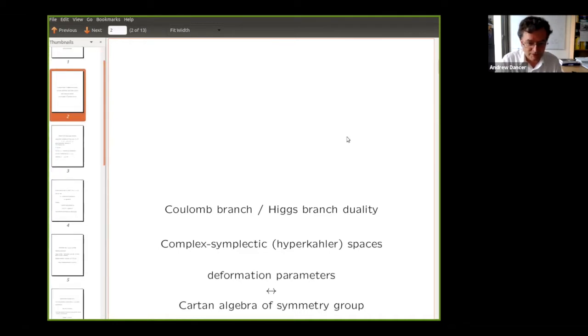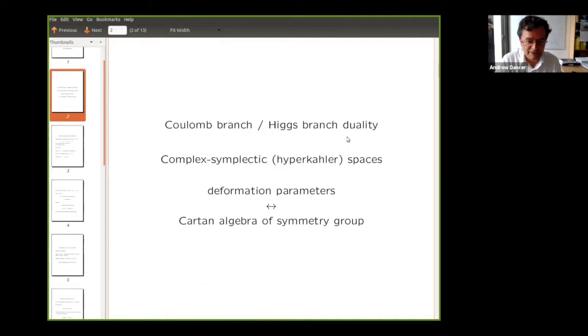There are various points about how these are related, and one in particular, which is going to be important, is that the deformation parameters on one side of the duality are supposed to correspond to the parameters in the Cartan algebra of a symmetry group on the other side.